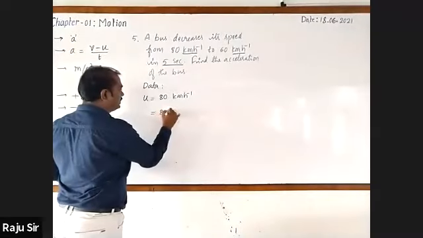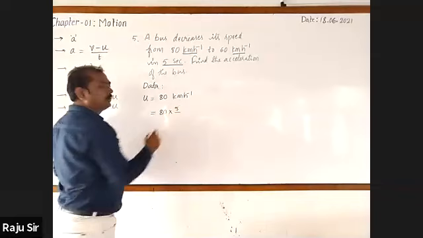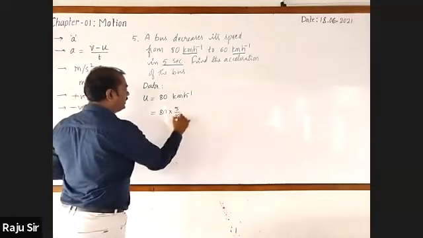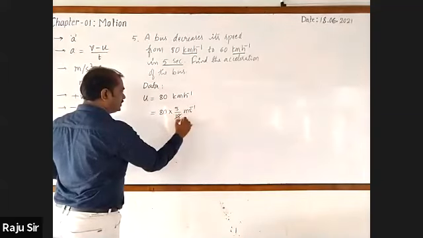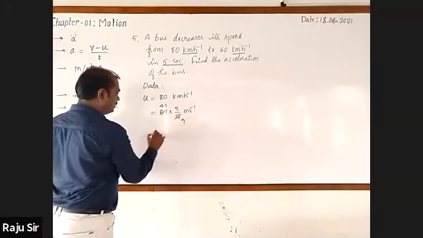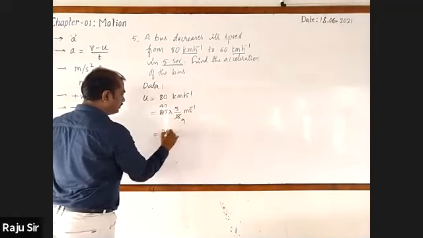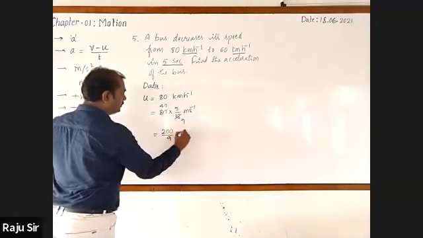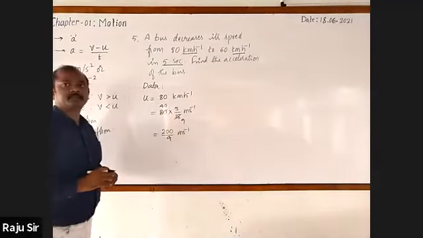Then convert this into meter per second. It is 80 into 5 by 18 meter per second. You can cancel it. 2 nines are 18, 2 40s are 80. Multiply 40 into 5. It is 200. 200 by 9 meter per second.